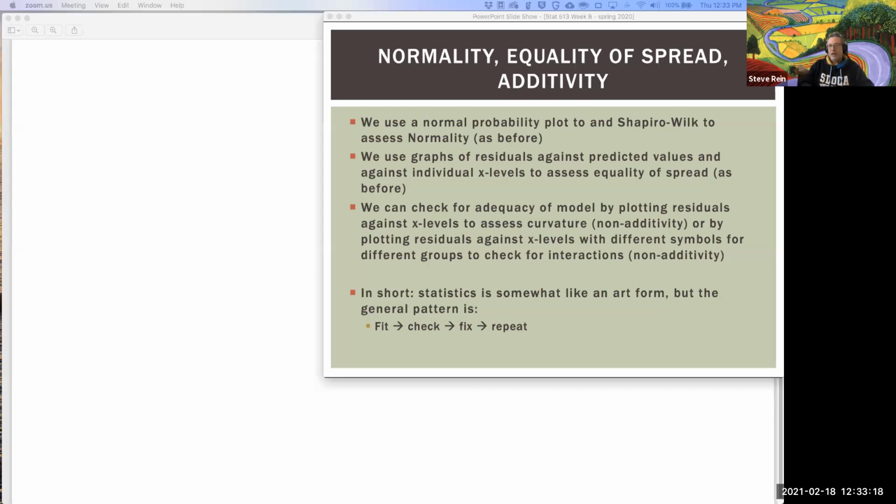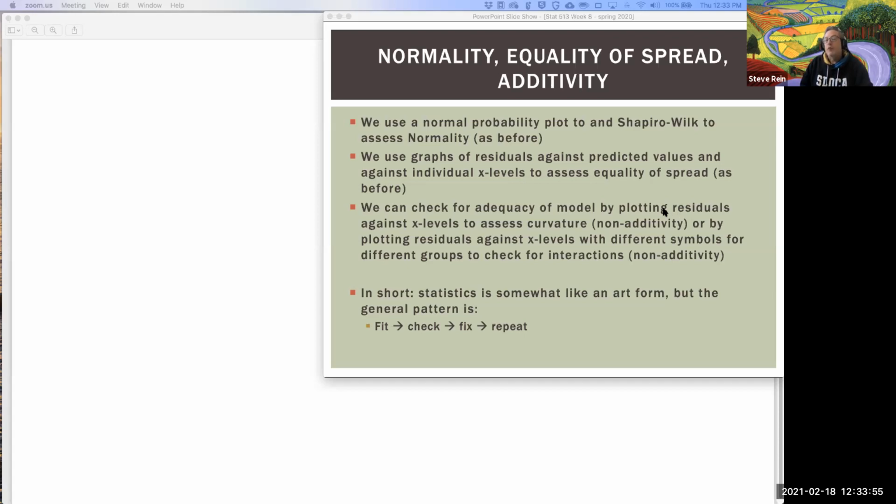Or another approach for additivity is if you have different groups where systematically some of the residuals are tending to be positive, but others are tending to be negative. That's a grouping variable, which could have, or better yet, should have been incorporated into your analysis originally. Okay, so the basic ideas are you know how to check Shapiro-Wilk for normality. I'm going to walk you through an example hopefully soon where we do that.